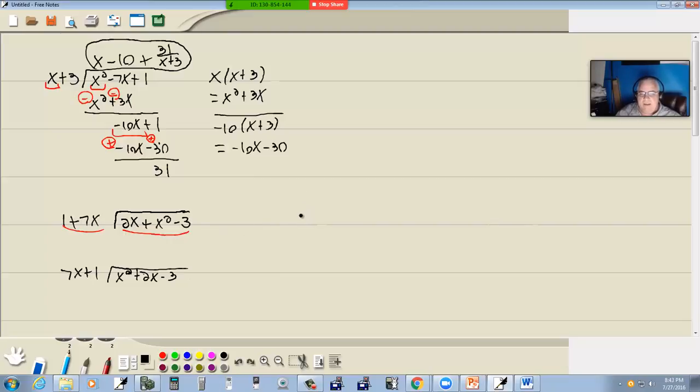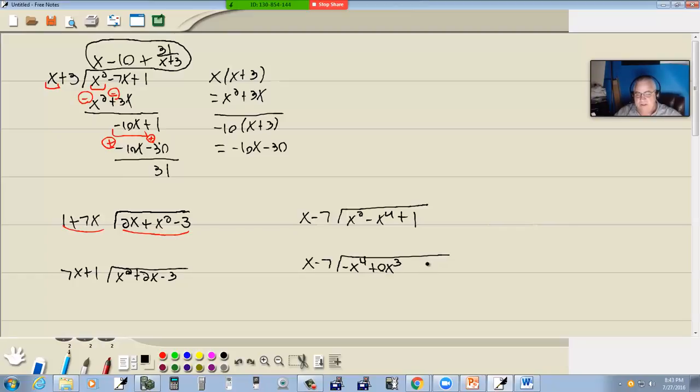If I had this right here, not only do they have to be in standard form, but you have to put in 0 placeholders for any missing powers. For example, this isn't in standard form. The x to the fourth needs to go first. Now we're missing the x to the third, so I have to put a 0 placeholder there.